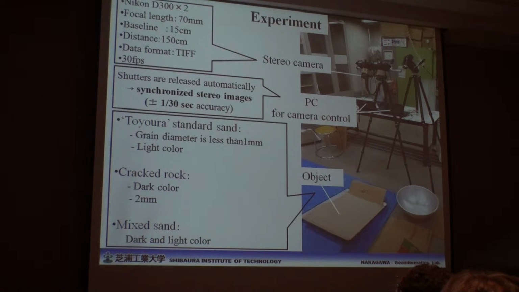And the second is cracked rock with dark color particles, and its grain diameter is more than 2 millimeters. And the last is mixed sand, which has dark and light color particles.